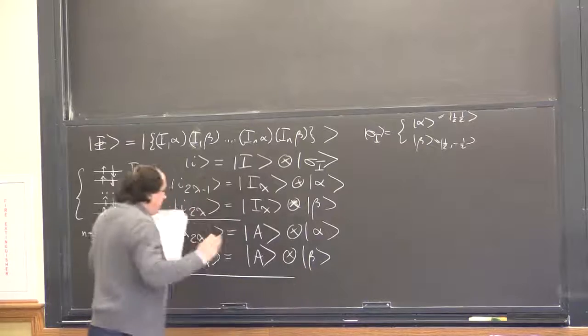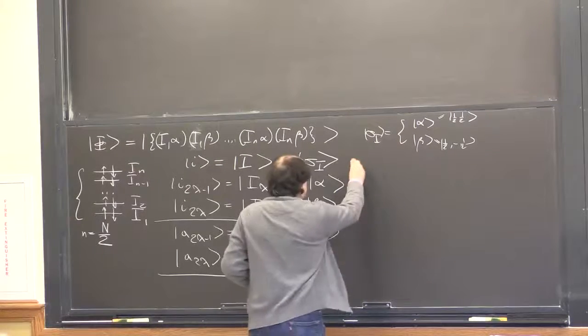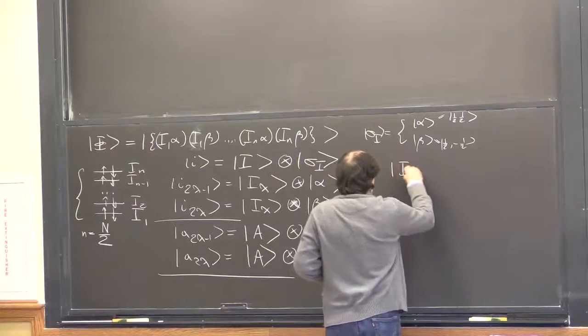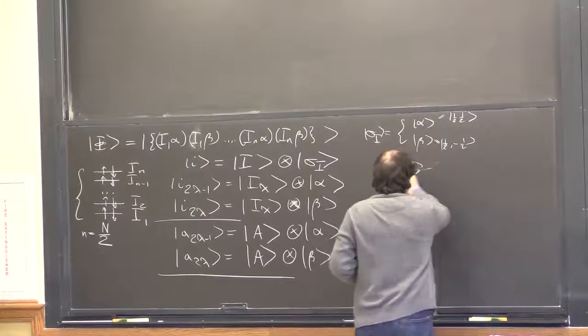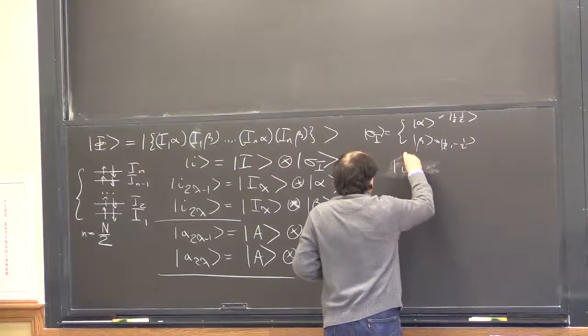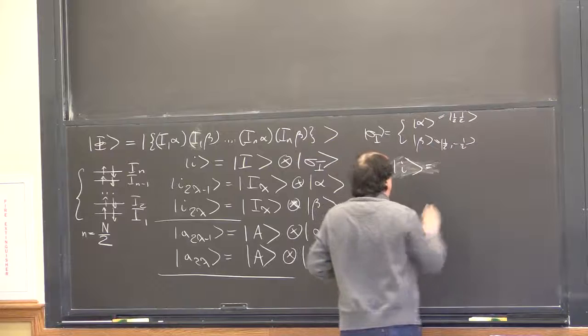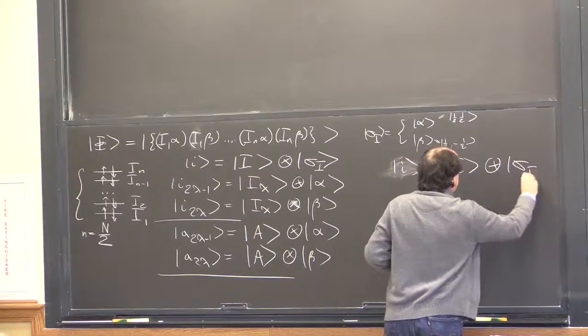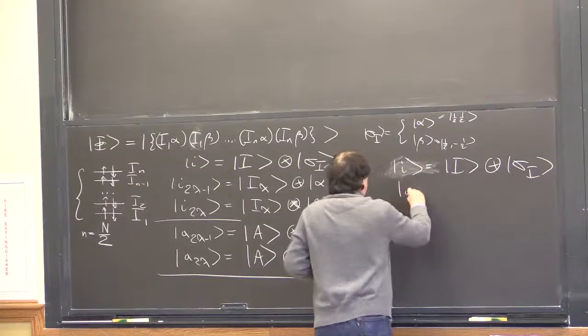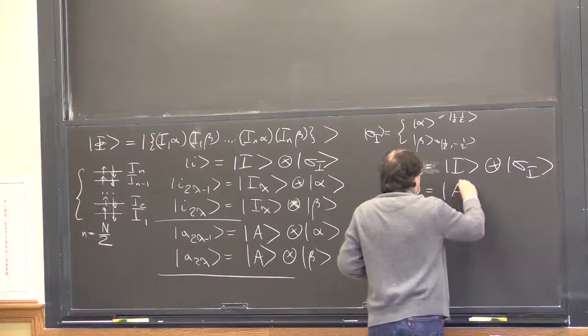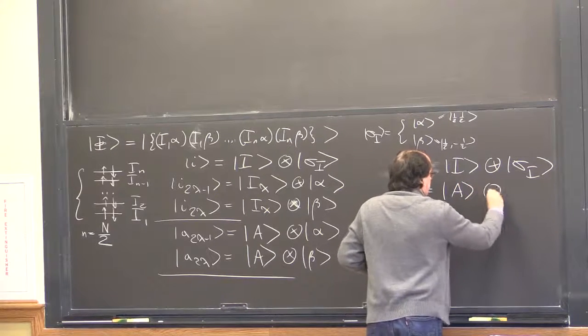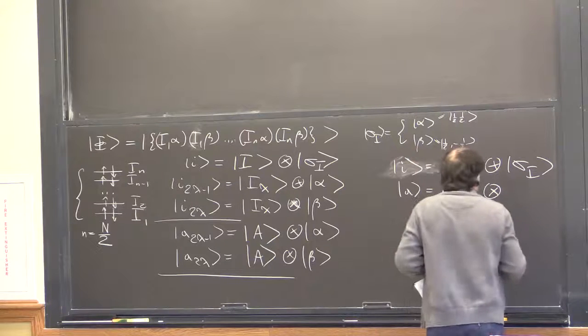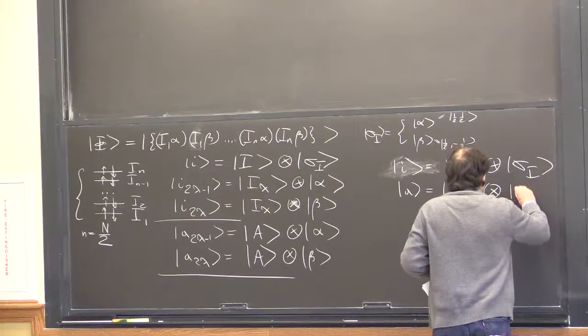So in general, if I have a spin orbital I, that's the product of the orbital and the corresponding spin. Then if I have a spin orbital A, that's the product of a spatial function capital A and the corresponding spin.